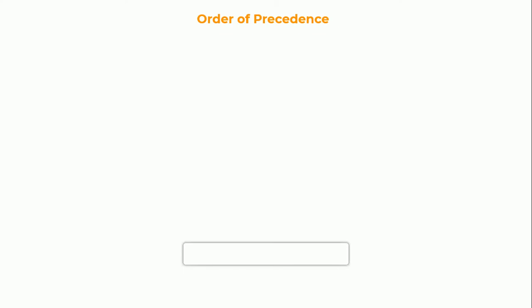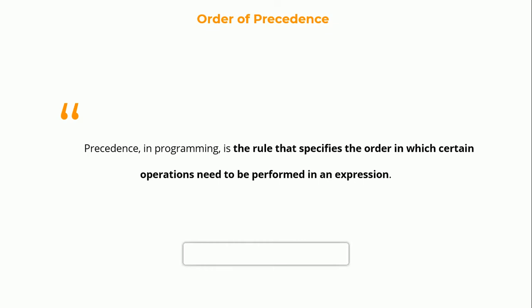If we are talking about the order of precedence, we would always want to execute certain parts of the expression first before we take a look at the other ones. We have talked about the set of operators in programming, and so we follow a rule, and that rule says we specify an order within which we execute the expression.